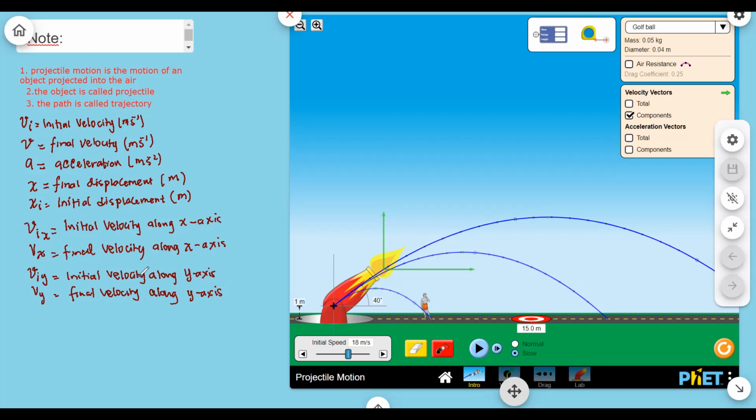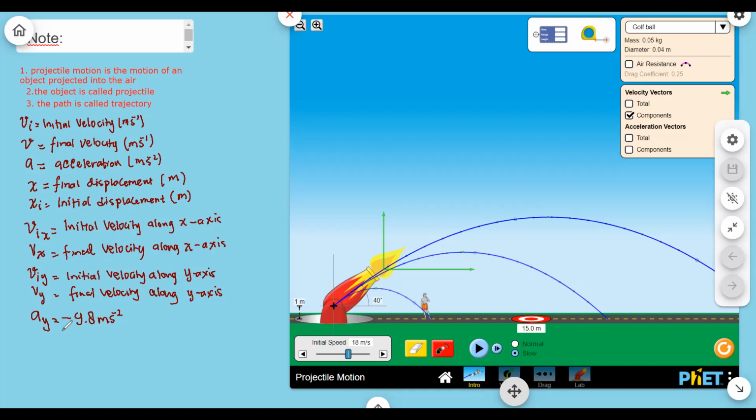So we have already dealt with this one. And then the components of the acceleration are very, very simple. The acceleration due to gravity along the y-axis is negative 9.80 meters second minus 2. So then we can put ay equals minus 9.8 meter second minus 2. And there is no acceleration along the x-axis.